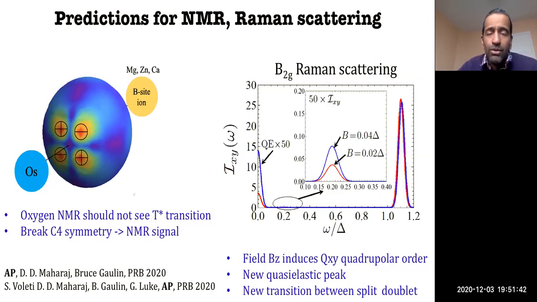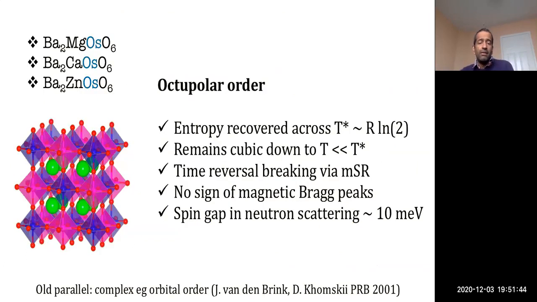So with that, let me conclude. Sorry, I went way over time here, but what we have argued is that multipolar orders are quite generic in systems with higher spins, and we think that this might be an example of octupolar order, which people have proposed in the context of heavy fermions, but I don't think that's been definitively shown in any of these systems.